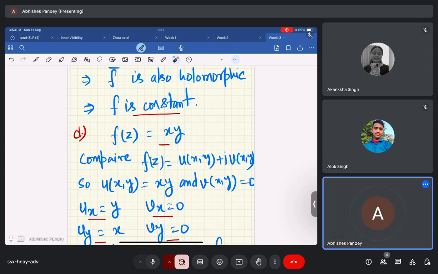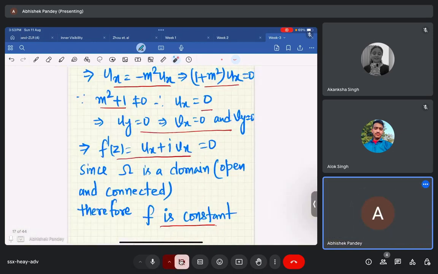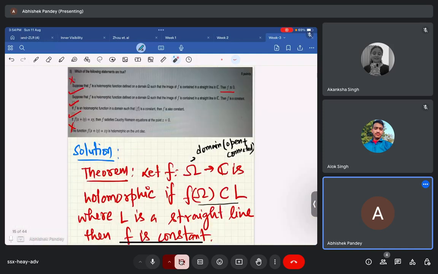Now, what is the fourth option? Fourth option is asking if f(x+iy) = x times y, then f satisfies the CR equation at the point z = 0.